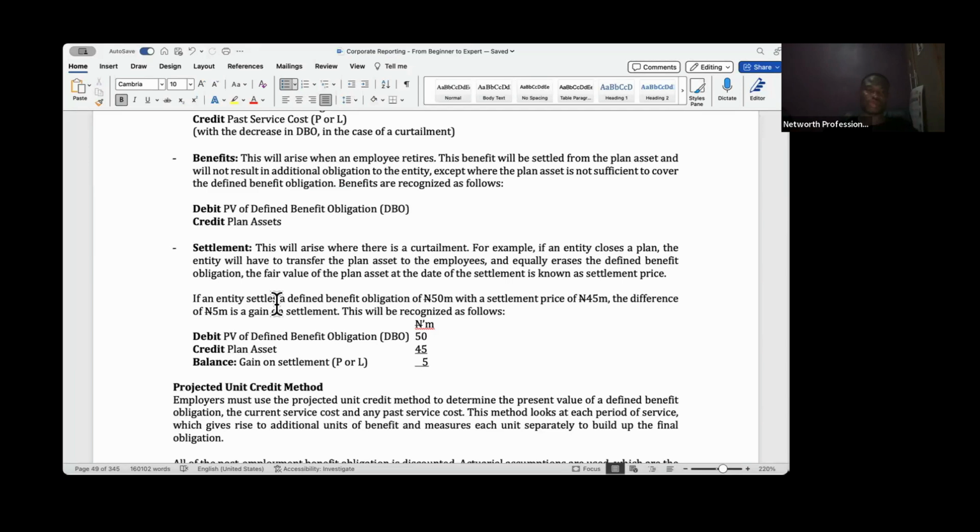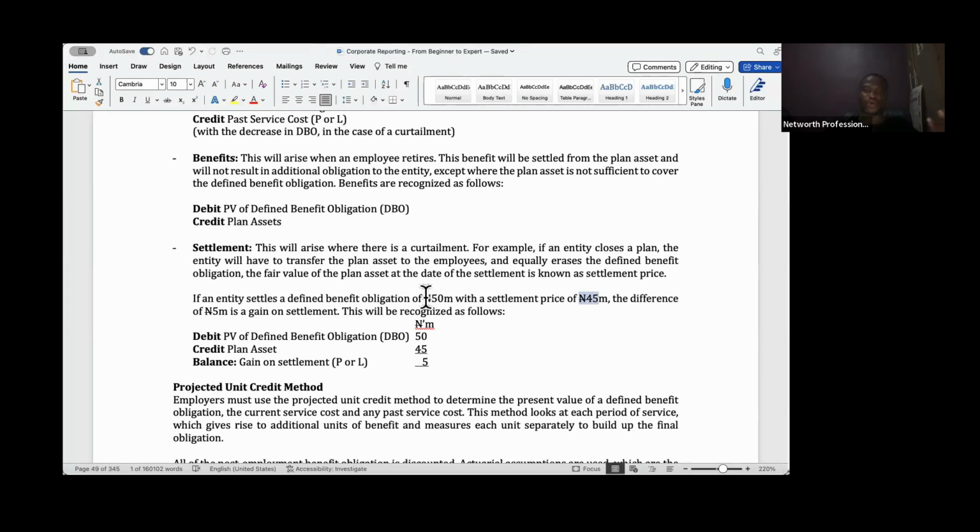It could be in such a way that the obligation they owe is 50 million, and they agreed to settle with 45 million, meaning the amount they have to take from their fair value from the plan asset. So we see that as the settlement price.